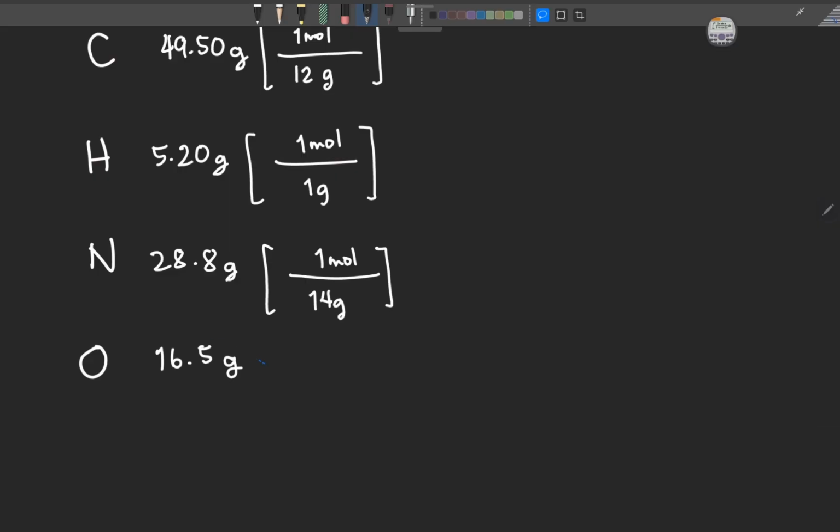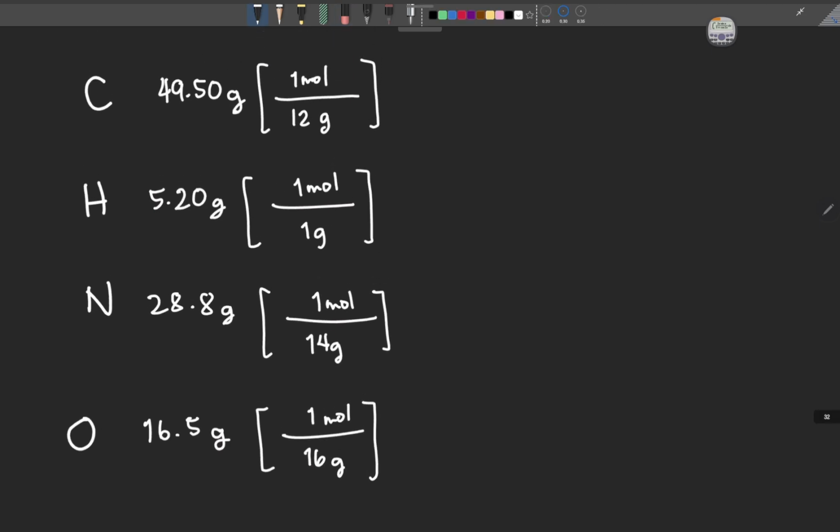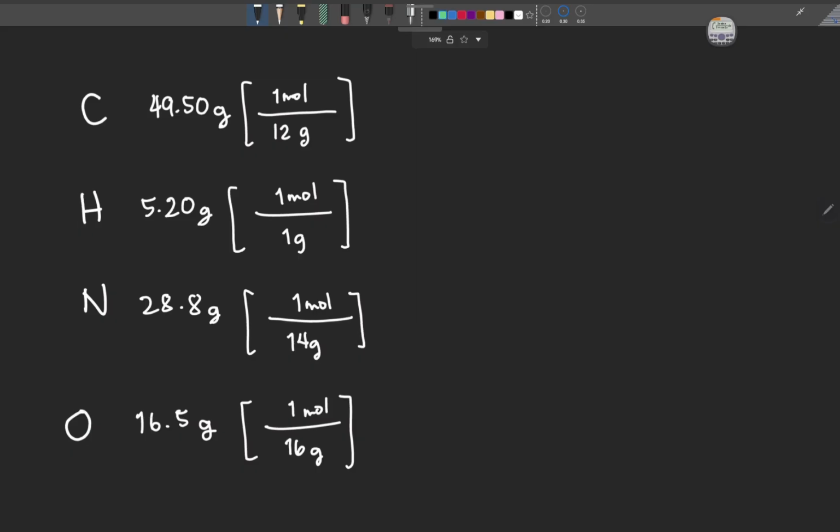Then oxygen is 16 grams. 1 mole, 16 grams. Then we multiply and then divide. Cancel the grams. We're left with moles. Okay, just solve that.